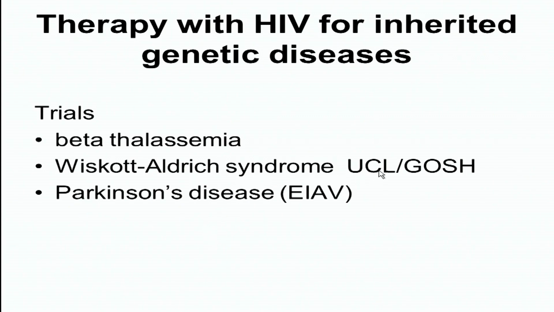Our own Institute for Child Health here at UCL, in collaboration with Great Ormond Street Hospital, is treating with a modified HIV virus a rare immune deficiency syndrome, one of those diseases where children can't mount an immune response to normal infectious agents.